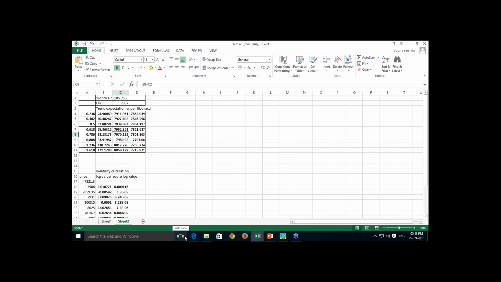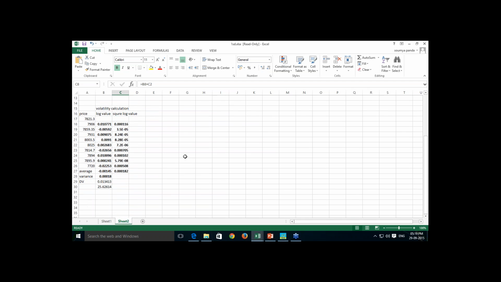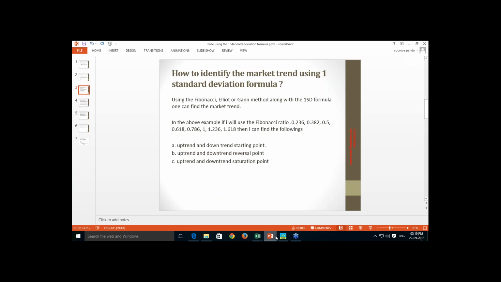Whenever there is a gap down or gap up above your estimation points, you can change this opening price and get a good entry level. So this is about the one standard deviation formulae, using the one standard deviation formulae for intraday purpose.